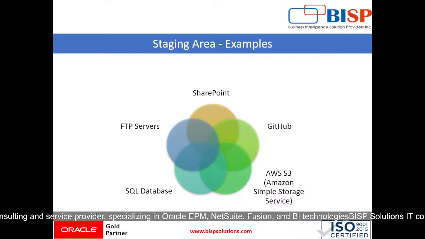Some examples for staging areas are SharePoint. SharePoint can serve as a staging area, particularly in organizations using Microsoft products. Raw data can be uploaded to SharePoint libraries for reviewing, transformation and cleaning before migrating it to the final system.